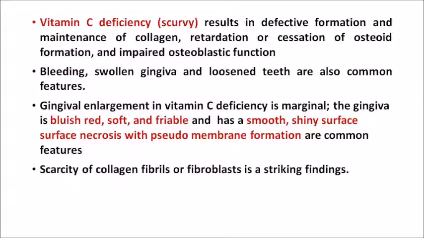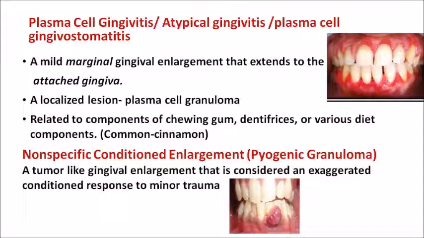There is a scarcity of collagen fibrils or fibroblasts, which is also a striking feature because most of the other enlargements were due to an increase in collagen or fibroblasts. Here there is scarcity. Next is due to an allergic cause. It is plasma cell gingivitis, atypical gingivitis or plasma cell gingivostomatitis. You can see the figure. It is a mild marginal gingival enlargement that may also extend to attached gingiva.